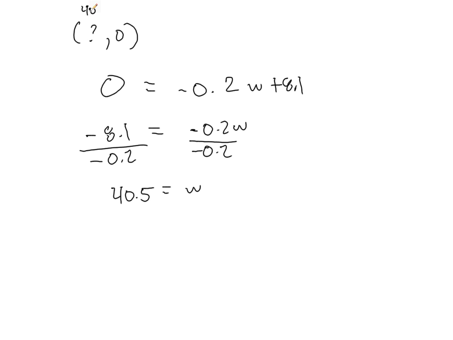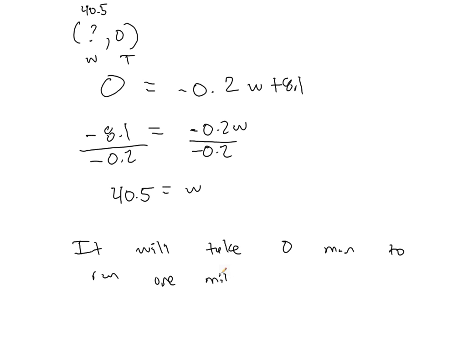So what did we just say here? We just found out that the week is 40.5 and the time will be 0. So are we saying that it will take 0 minutes to run the mile after 40 weeks of training?